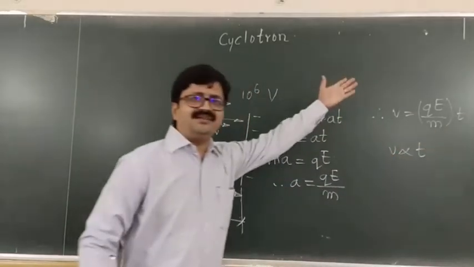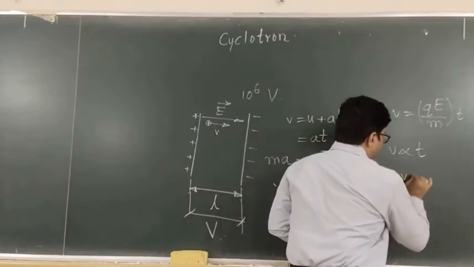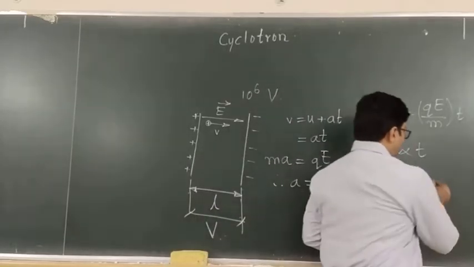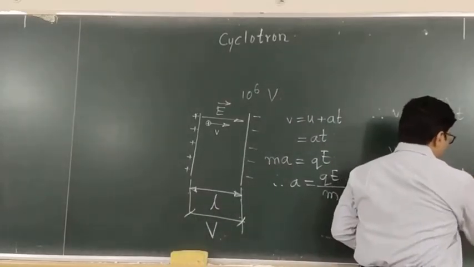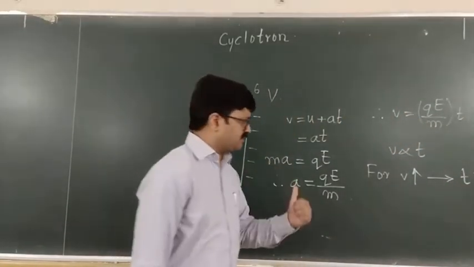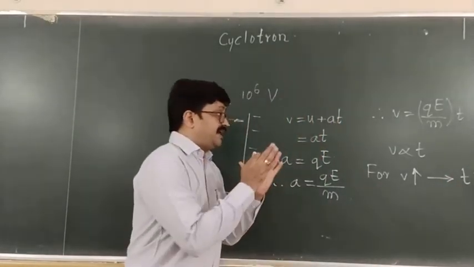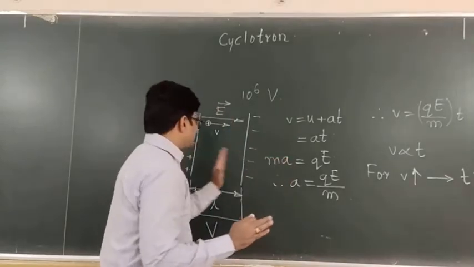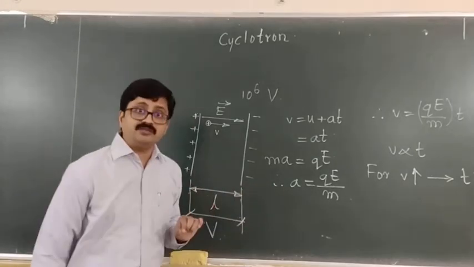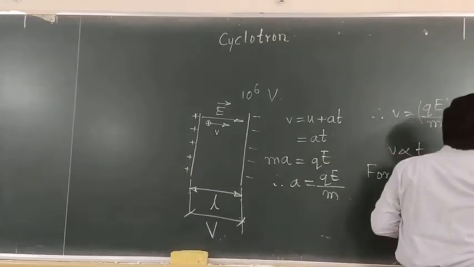Now, for v to be large, from this proportionality, t must also be large. If the time taken between the two plates has to increase, then the length between the two plates must also be increased.